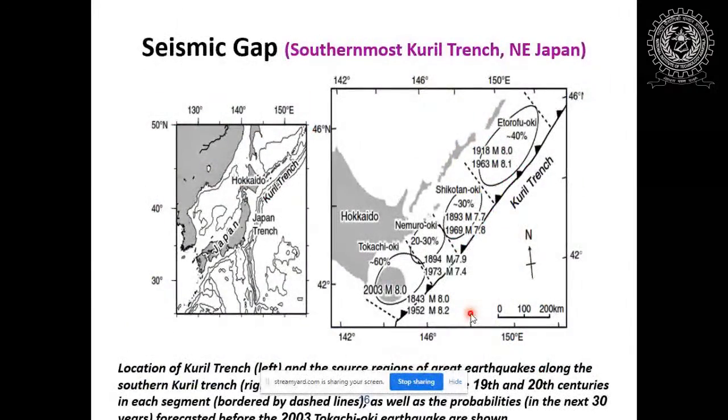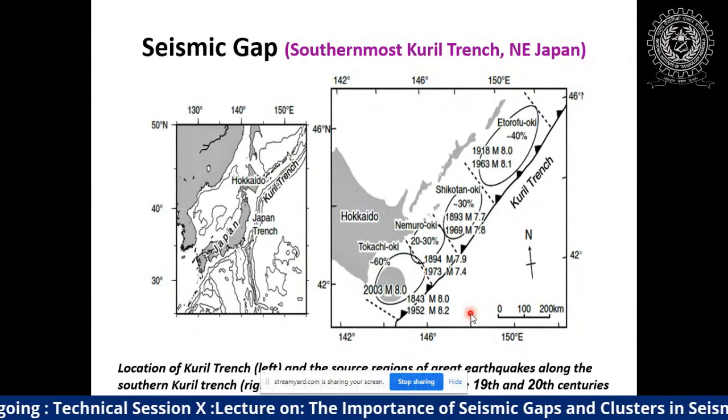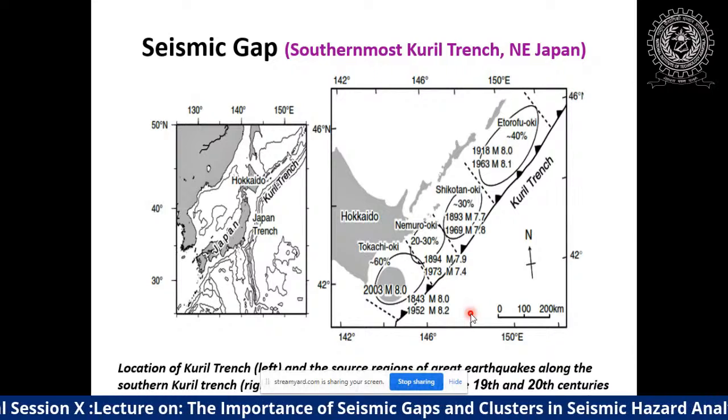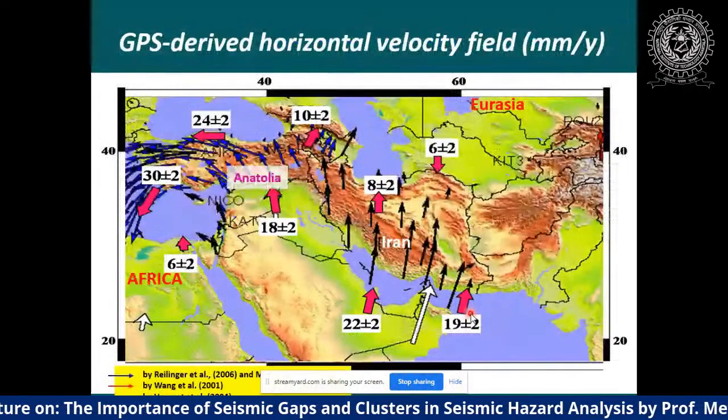And in the Kuril Trench in Japan, we have the same situation, still toward the northeast of the Tohoku Sendai earthquake zone. We have some seismic gaps. Still, we think that another possible earthquake may still come.